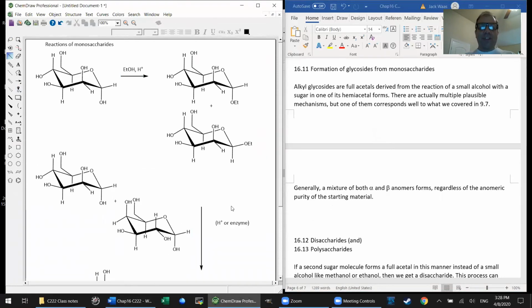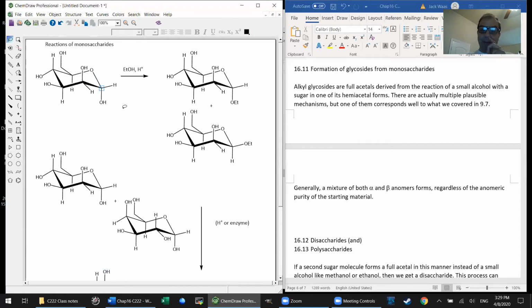Okay, presto changeo. Another important reaction of simple sugars, like this one, again, whatever non-glucose molecule this is, is the formation of what we call glycosides. And that involves a reaction only at carbon 1, or the anomeric carbon, as it's also called.